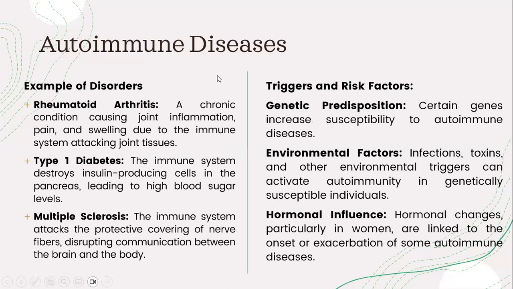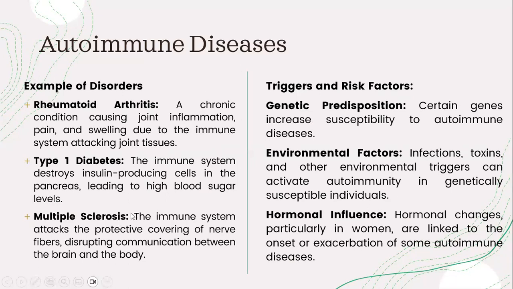So examples of autoimmune diseases, like I said, type 1 diabetes, where the immune system destroys insulin producing cells in the pancreas, and that leads to high blood sugar levels. It's also seen in rheumatoid arthritis, which is a chronic condition causing joint inflammation, pain, and swelling due to the immune system attacking the joint tissue.